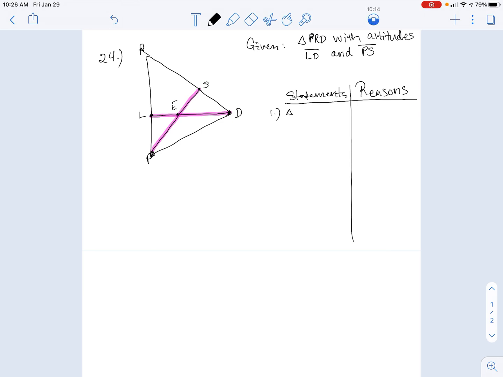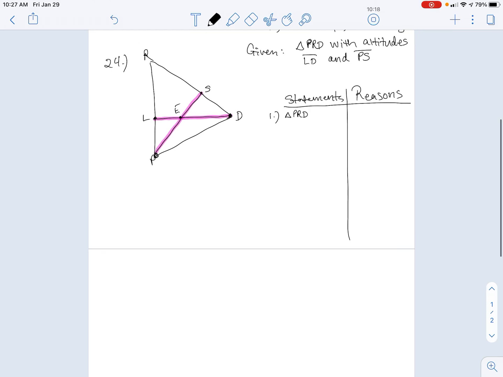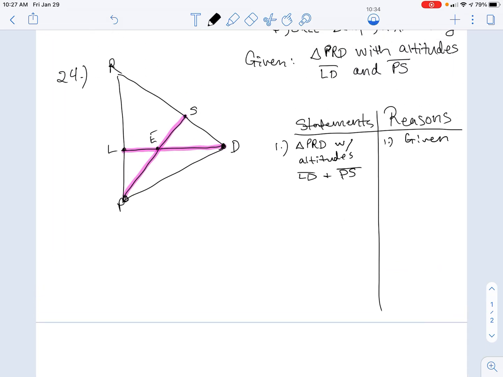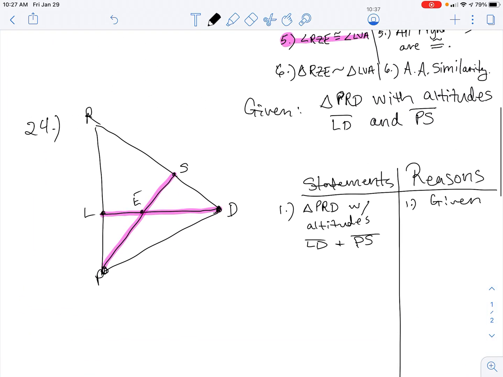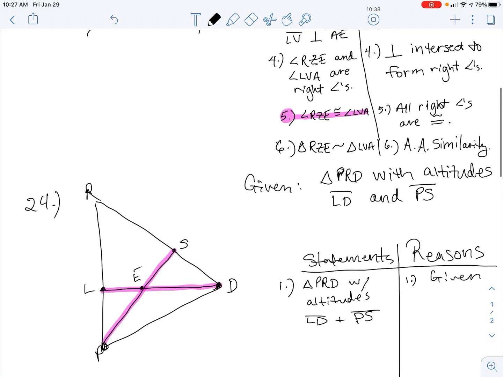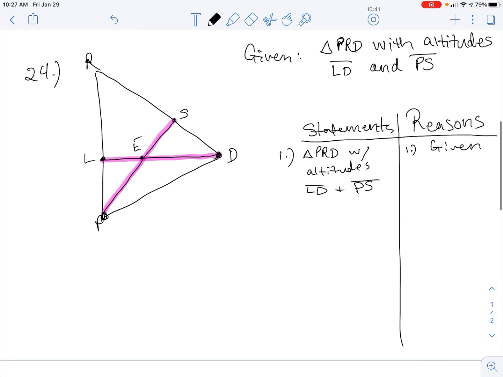We stated that we have this triangle called PRD who has, I'm going to put this little with symbol, who has altitudes, and their names are LD and PS. Okay, and that is just simply given info. So we'll write that down as such. Let's see if I can make this just a little bit bigger for us. There we go.